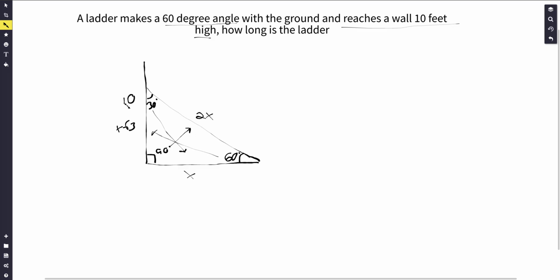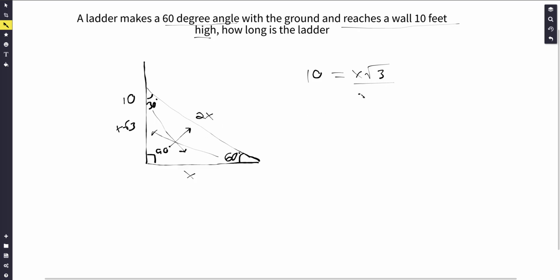We're told that this wall is 10 feet, so in order to solve for x, we have to do some algebra. So 10 is equal to x root 3. We need to solve for that x value. That'll help us find the other parts of the problem.